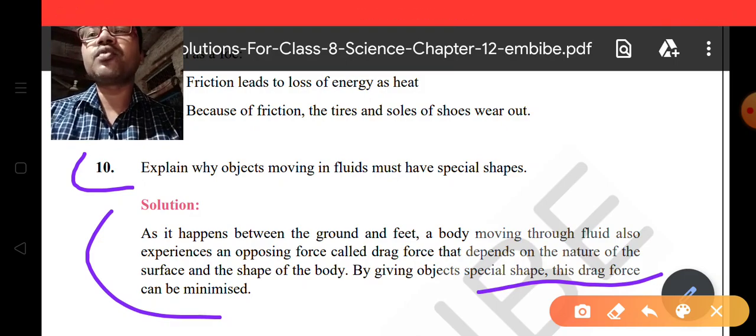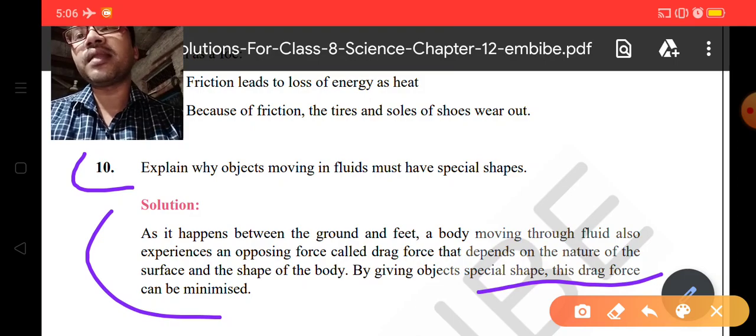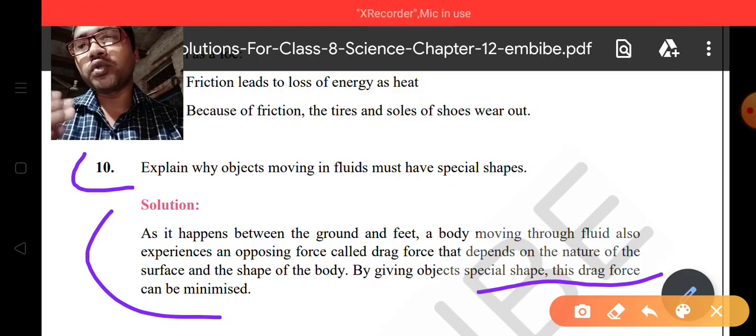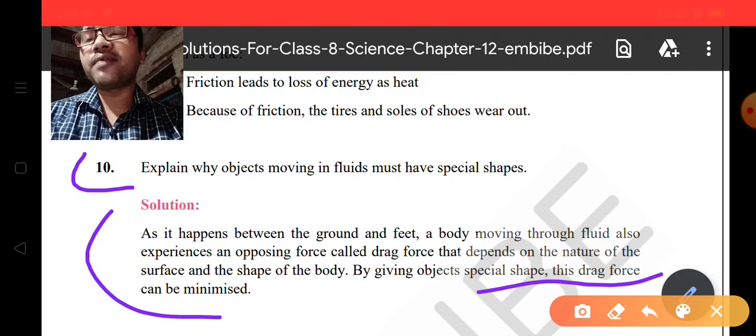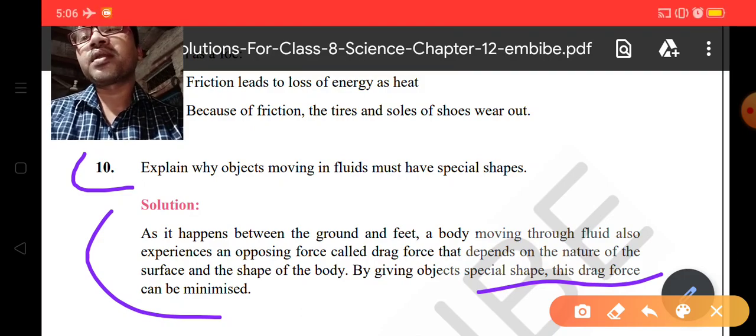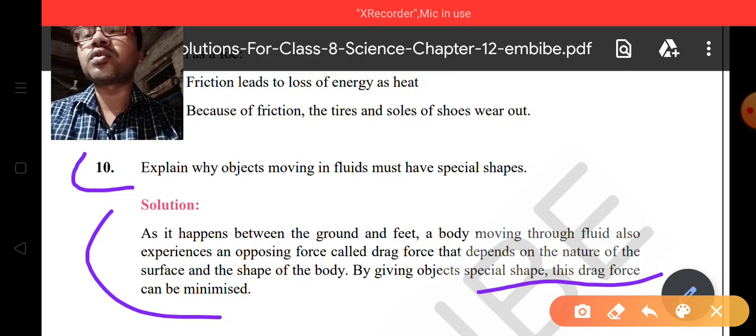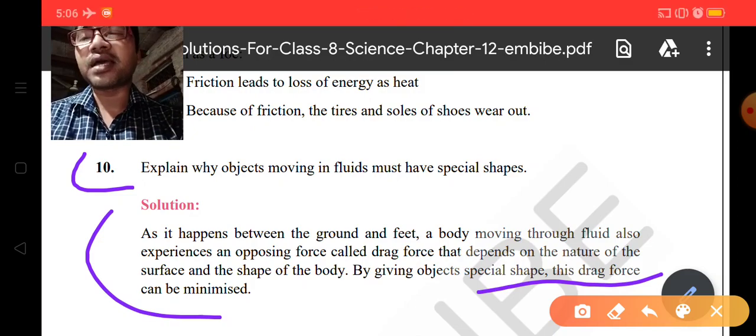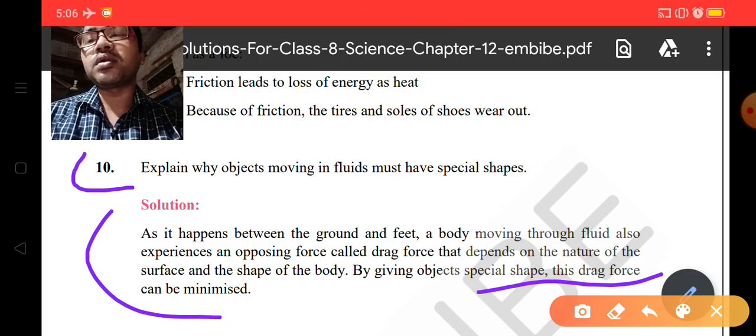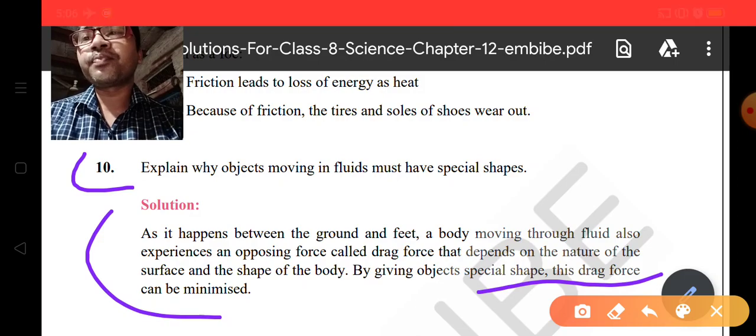It will help you to use this concept in your daily life. Then you can write the answers of these questions in your examination, and it will also help you to revise your exercise of this chapter in very short interval of time. So if you have the notes, it will help you many ways.